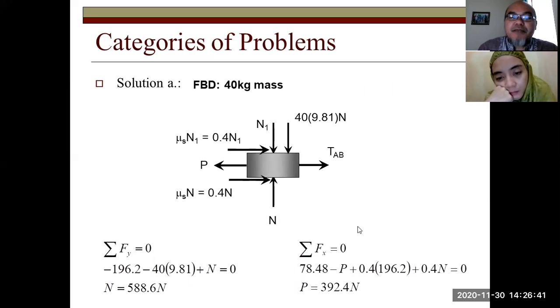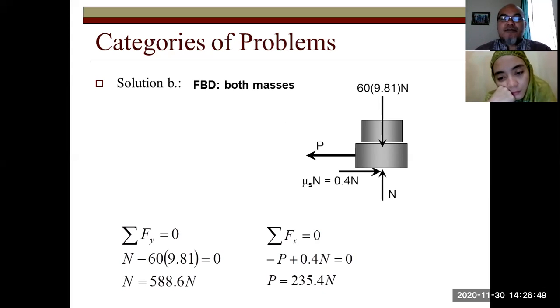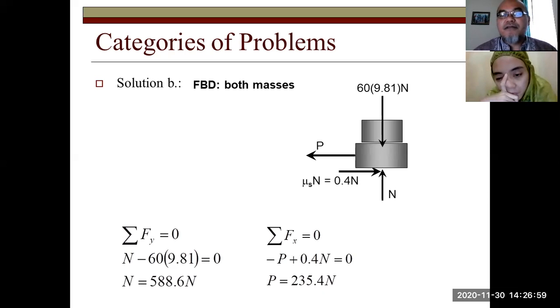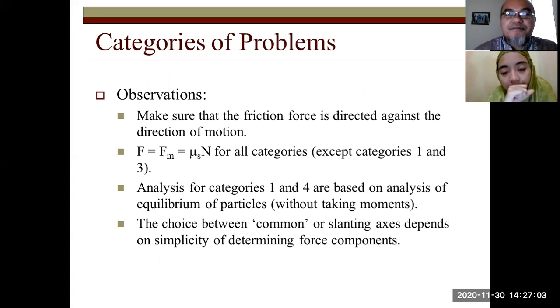So here we see that it requires a larger P, 392.4 Newton, in order to move mesh B. However, when there is no cable connecting the two meshes, the required P to move mesh B is smaller than the previous case, so only 235.4 Newton. So this is problem category 4.